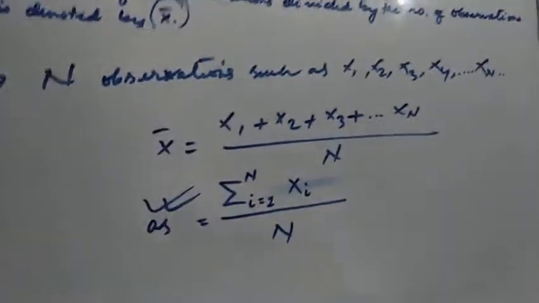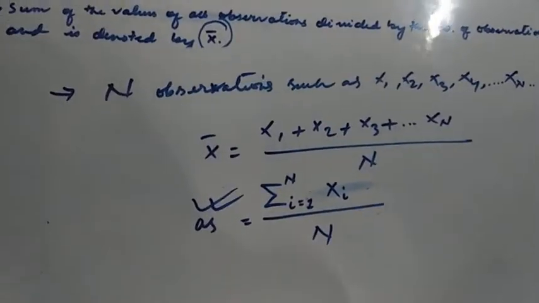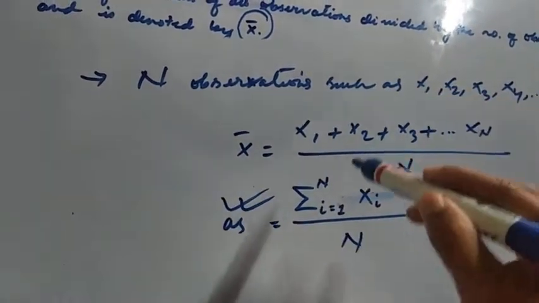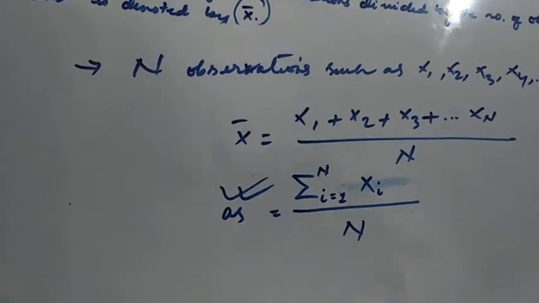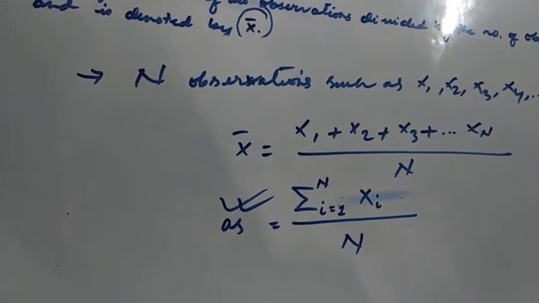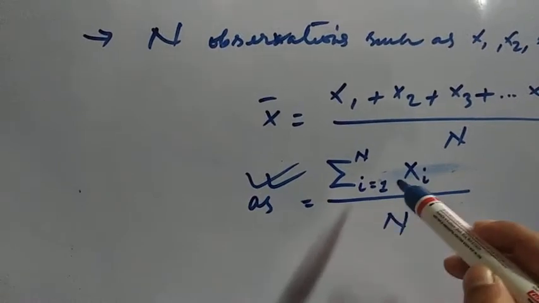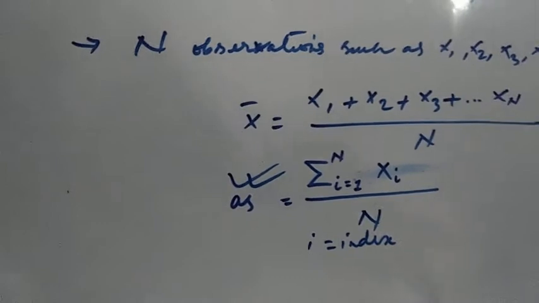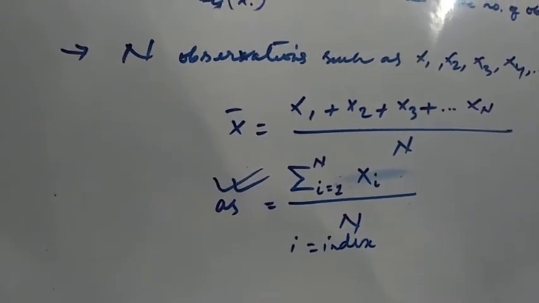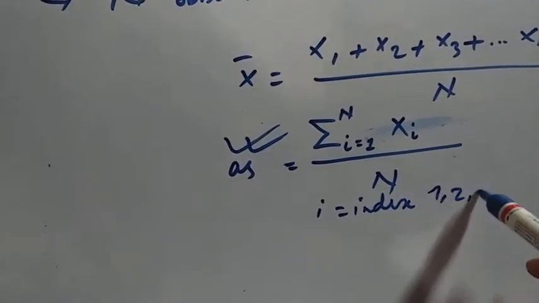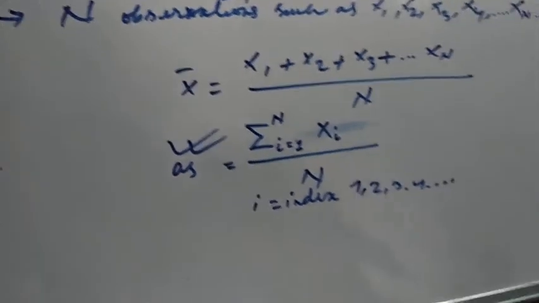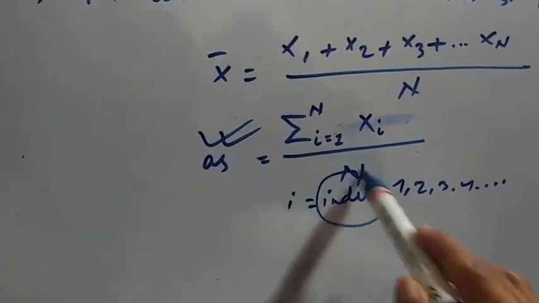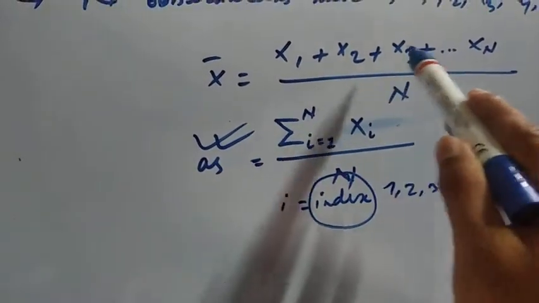So this is the formula for the arithmetic mean. We are just representing the right hand side with this value. Here i is an index which takes successive values, such as 1, 2, 3, 4, 5. That is why it is called an index.